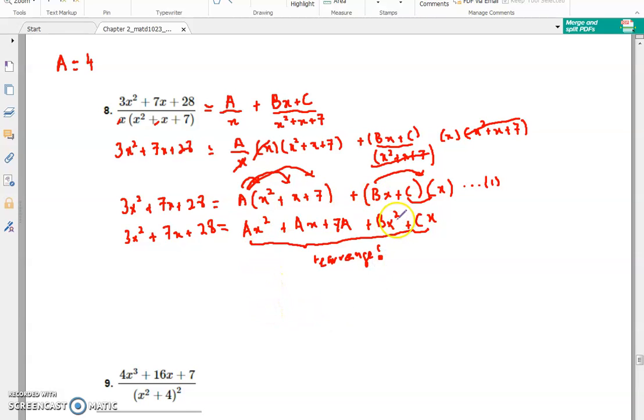which we are going to put the highest power into the first part, and then the second lowest, and also the lowest value of your x there. So you are going to get here 3x squared plus 7x plus 28. It's supposed to be, you have the same variable here, which is x power of 2 and x power of 2.